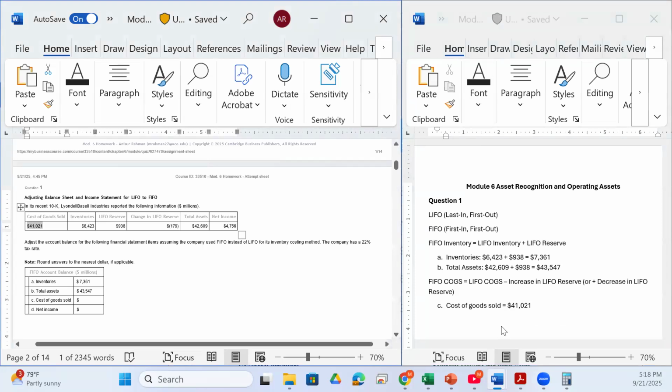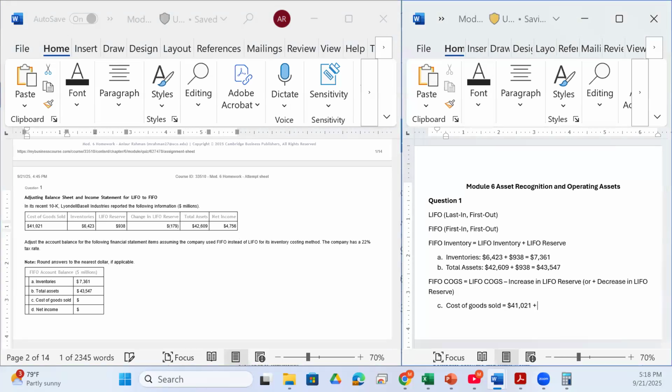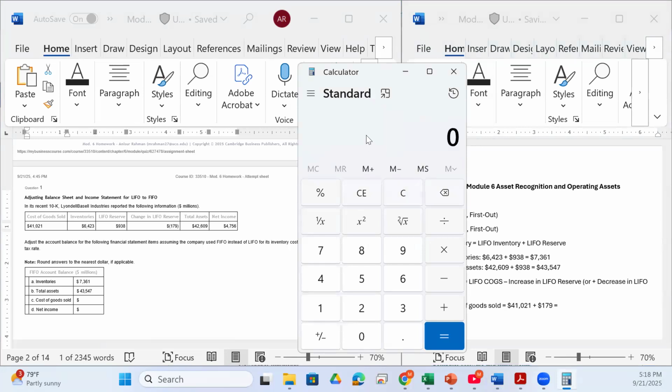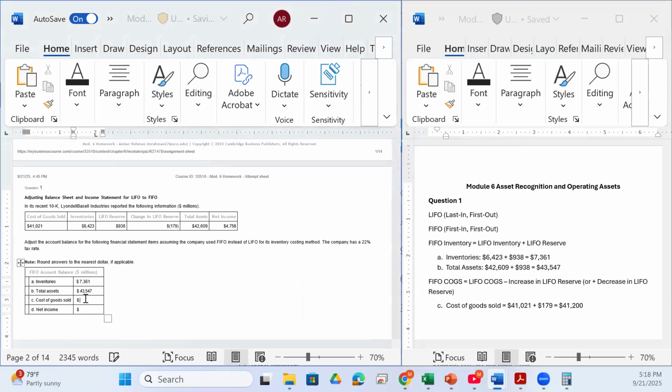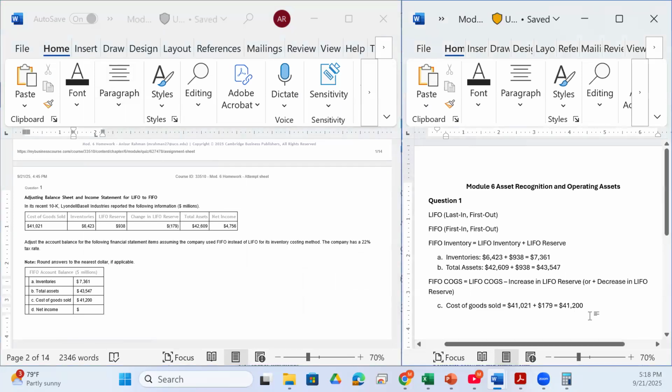So we have to add 179. So that is our cost of goods sold.